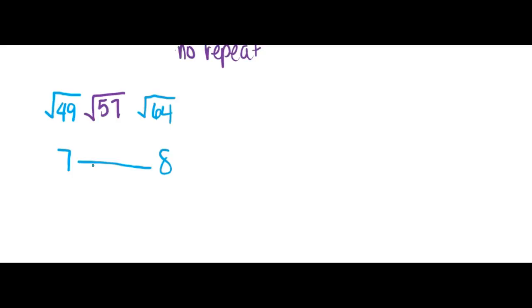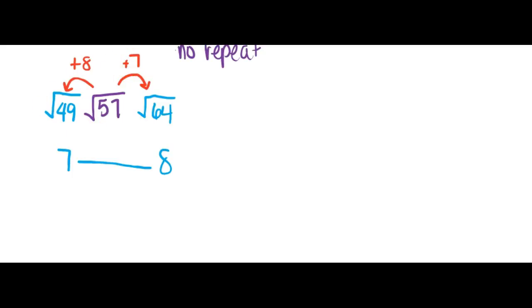For the sake of our videos and our sanity, we are going to estimate or guesstimate, as I like to say, to the nearest tenth. We are going to use an educated guess. The difference between 49 and 57 is going to be 8 numbers. The difference between 57 and 64 is going to be 7 numbers.